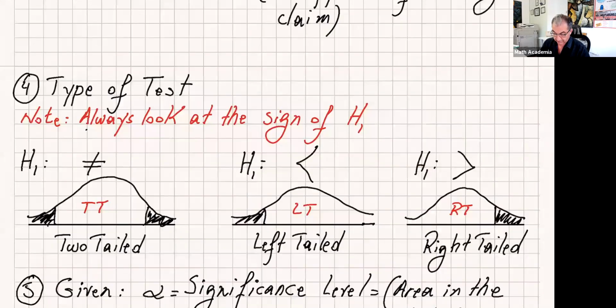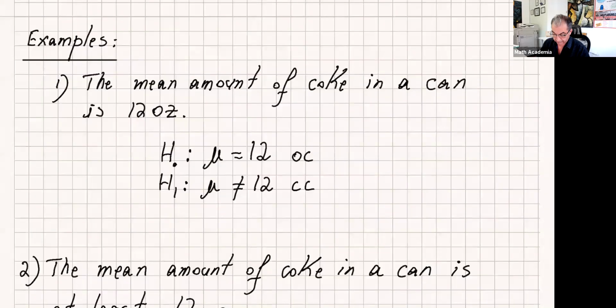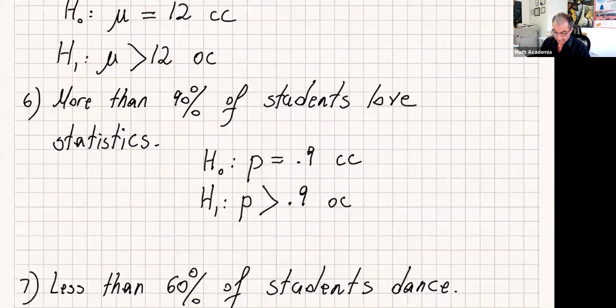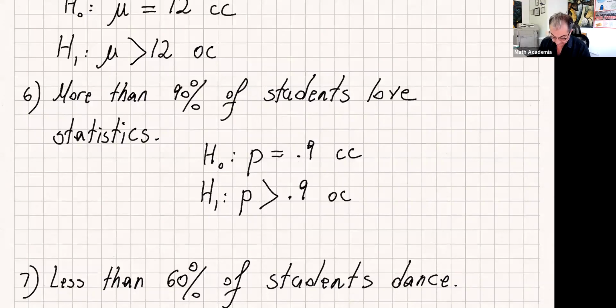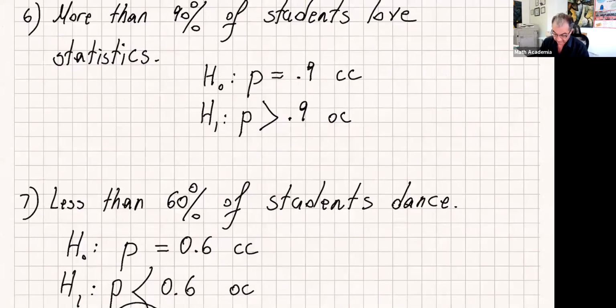So let's continue our examples. Number 7, less than 60% of students dance. So let's write the claim. If I write the claim, I write P is less than 0.6.